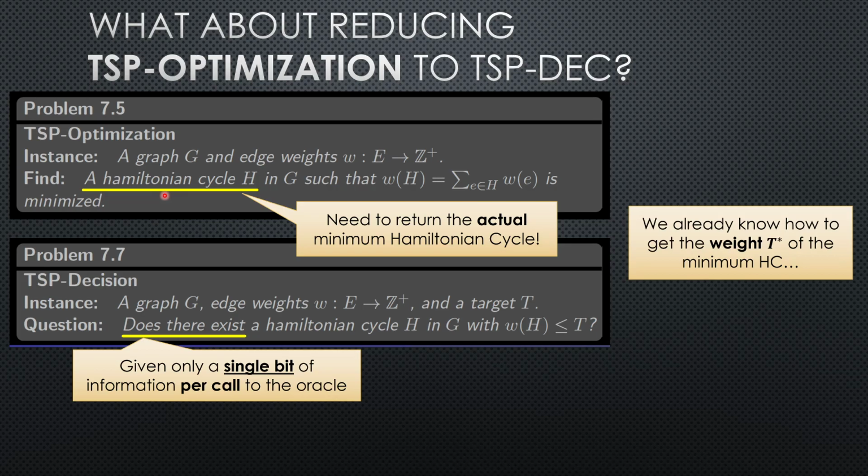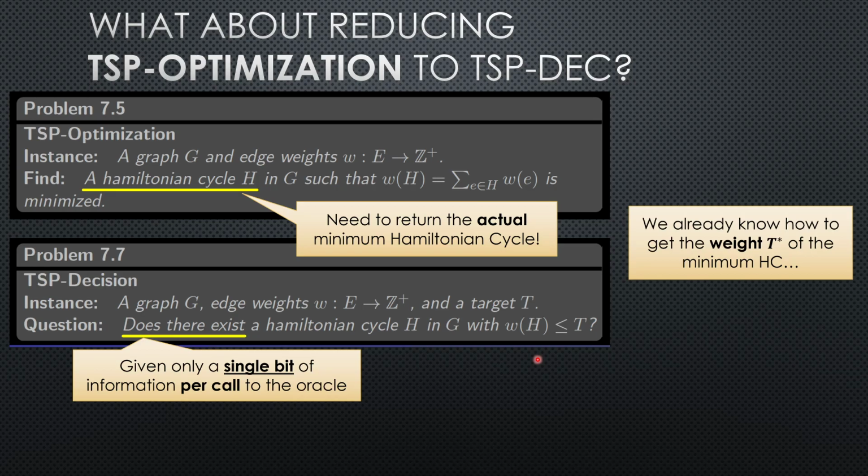And then if we take T star and we start to invoke TSP decision, passing T star as the target, we're passing the optimal weight as the target, we can start to ask questions of the oracle of the form, does there exist a Hamiltonian cycle H in G with optimal weight? So we can ask questions, true or false, about the existence of a Hamiltonian cycle with optimal weight.